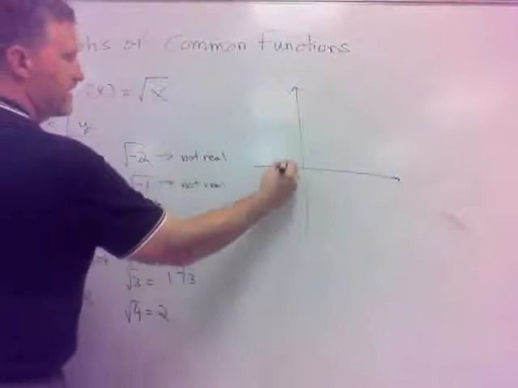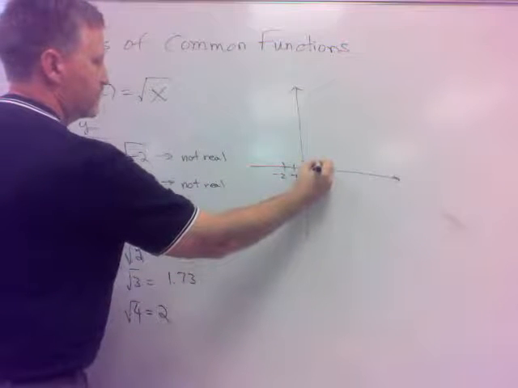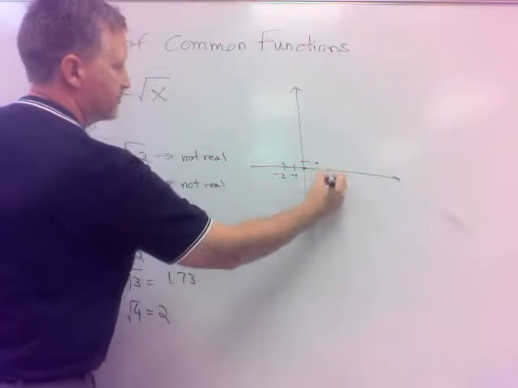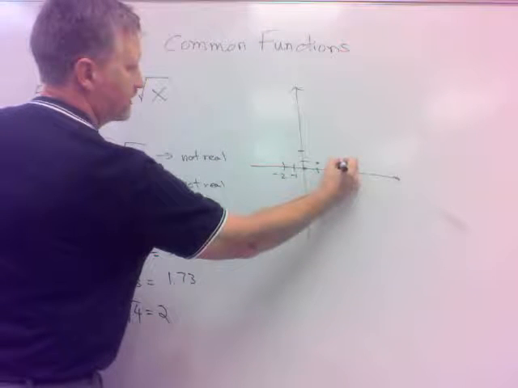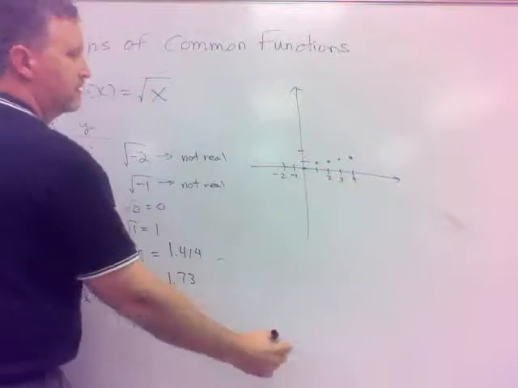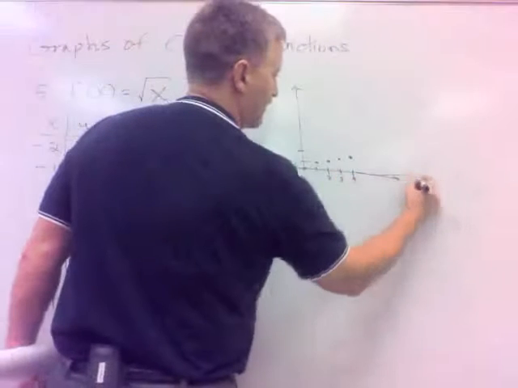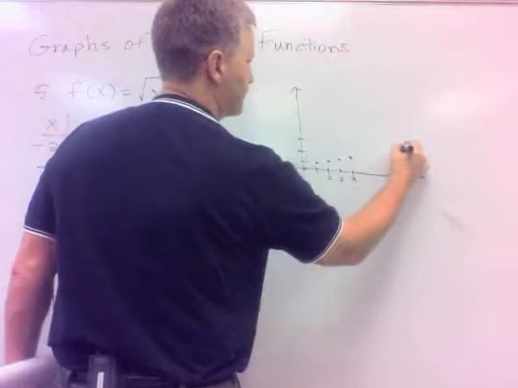Nothing on the negative side of x. 0, 0, 1, 1. 2 is 1.4. 3 is 1.7. 4 is 2. And if you want to go out to 9, we reach 3.